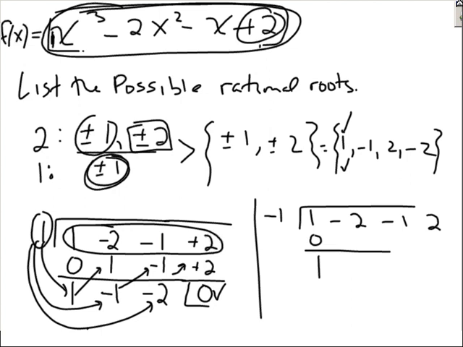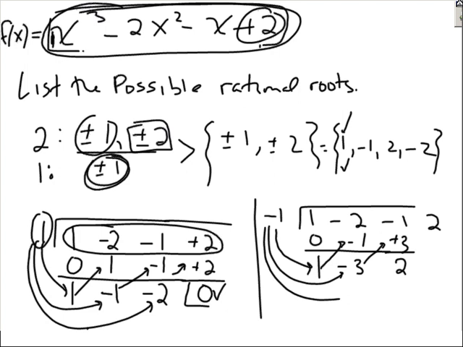You add, you multiply by negative 1, you add, you multiply by negative 1, you get 3. You add, you get 2. Look at this. You multiply by negative 1 by 2, you get negative 2. And when you add, you get 0. So it turns out that negative 1 is also a 0.